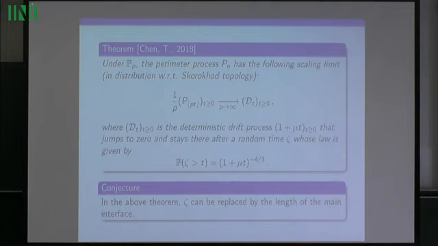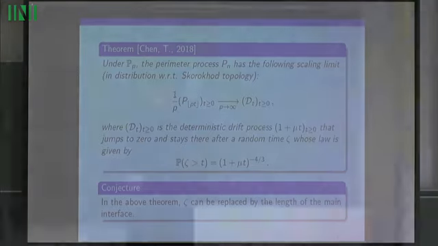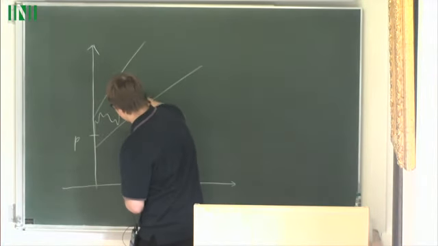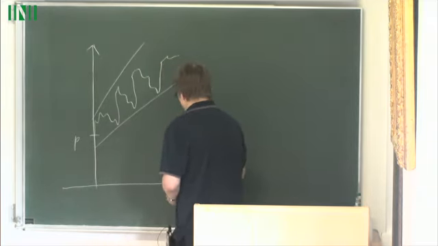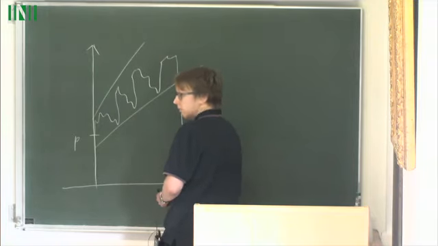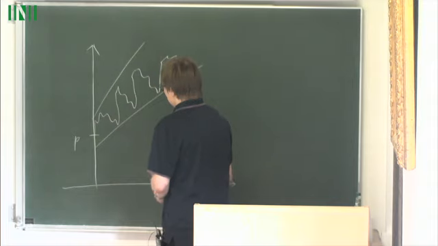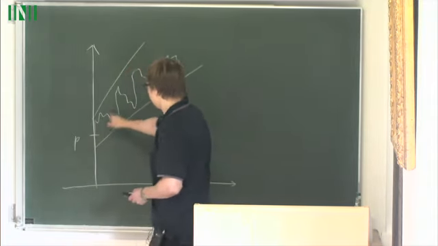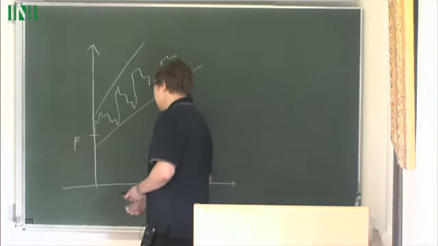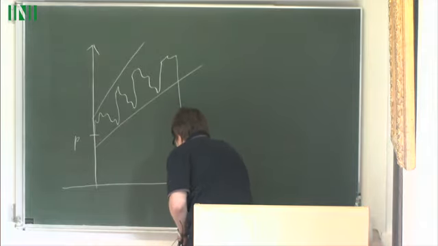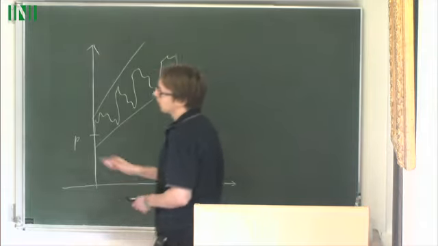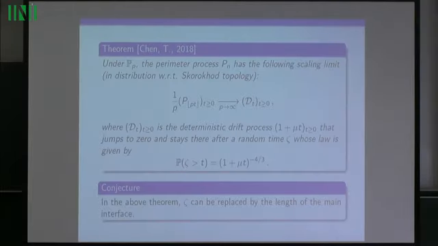We start from the value p, and then we have some linear barrier in which the process stays until at some time it jumps to the neighborhood of 0. In the scaling limit, this part converges to a linear function, and here there is some random time, let's say t, which converges towards this random time here.